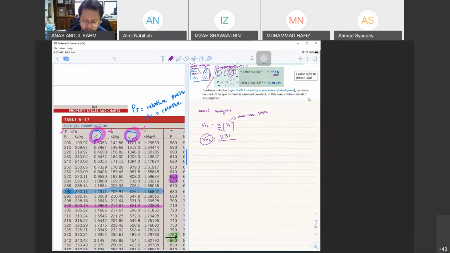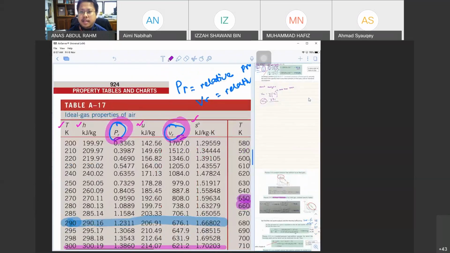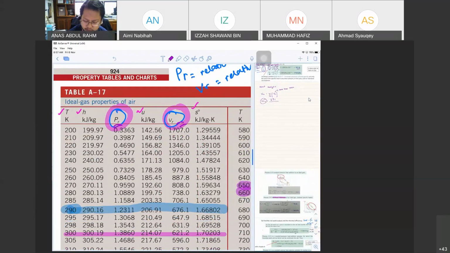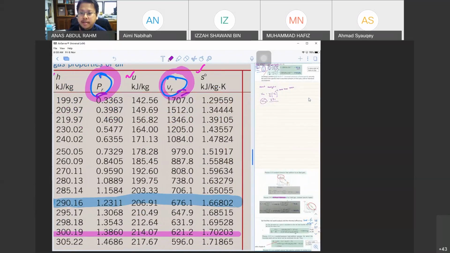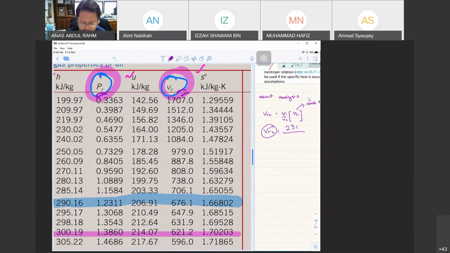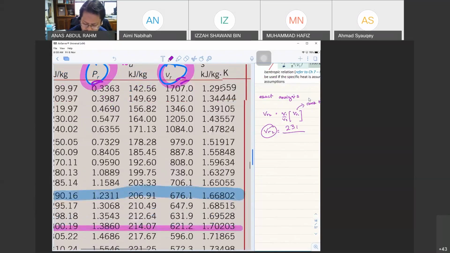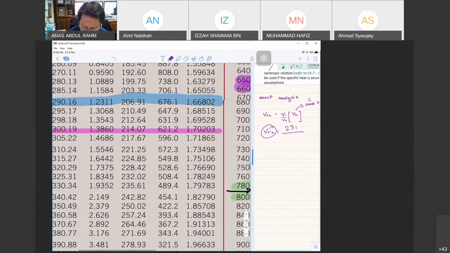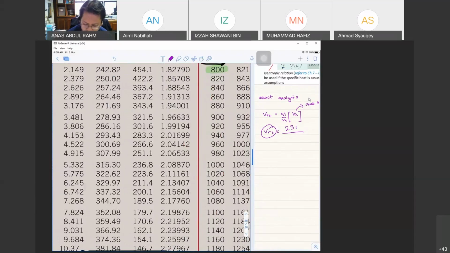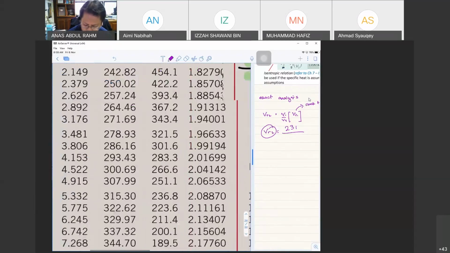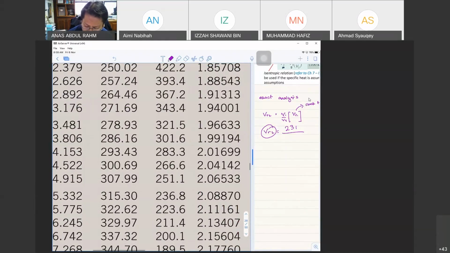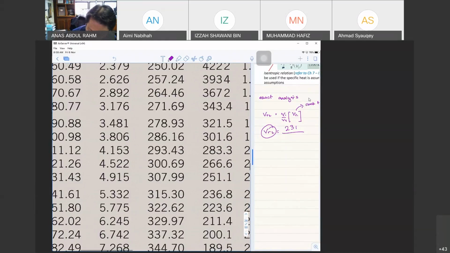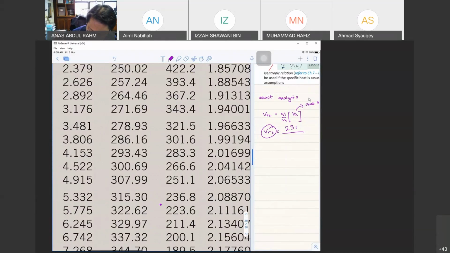So what you need to do is go to this table, A17. You have to find in the column of VR your particular value 231. So if we look here, this is VR. 231 is located somewhere between these two values, between 236 and 223.